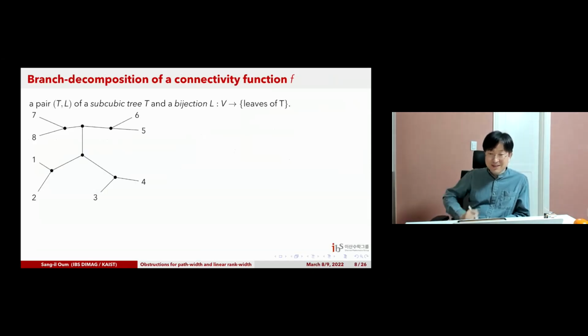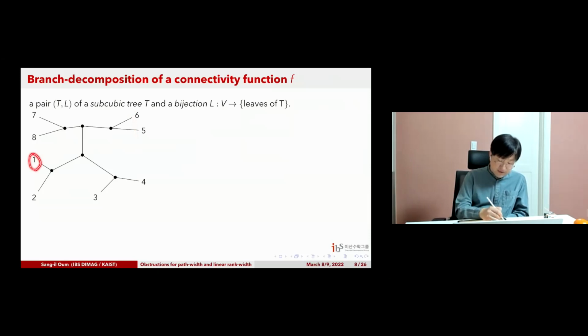Whenever we have a connectivity function, we can define branch decompositions. This was due to Robertson and Seymour. Let's say this connectivity function is defined on the subsets of a finite set V. Then we consider a pair of a subcubic tree, which is a tree whose internal nodes have degree 3, with a bijection L from this finite set V to the leaves of the tree.